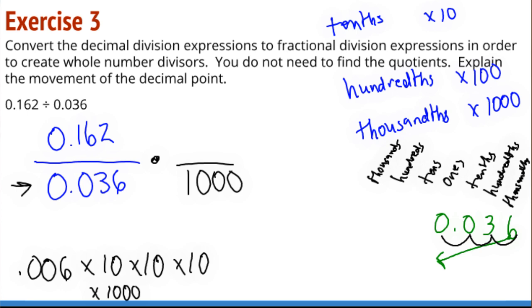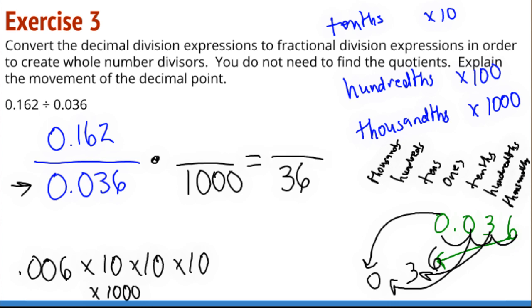So the 6 has moved to the ones place. The 3 needs to move to the tens place. And the 0 is going to move to the hundreds place. And this 0 in the ones place is going to move to the thousands place. So I'm left with 36. And as I look at the 162 thousandths here, it will be a similar type process.